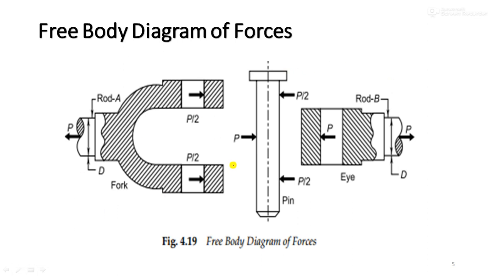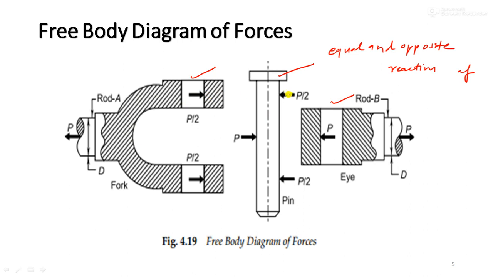Okay, now basically the forces acting on this particular pin are equal and opposite reactions. I will write here, the forces acting on the pin are equal and opposite reaction of forces acting on the fork end as well as the forces acting on the eye end.